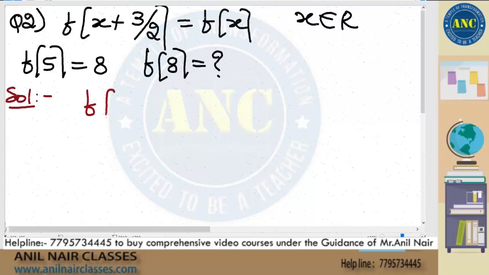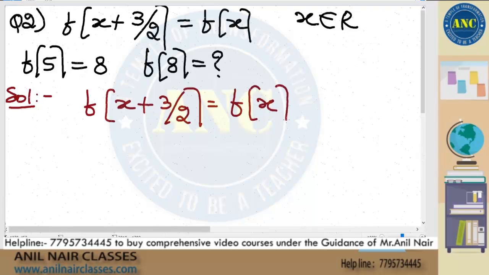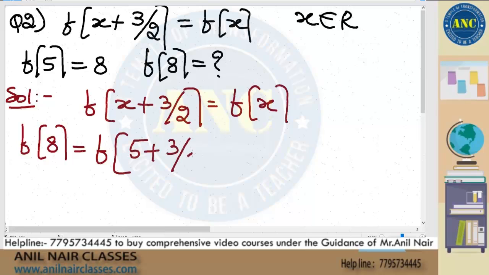Beautiful question. F of x plus 3 by 2 is nothing but f of x. Suppose it is f of 8. 8 is nothing but 5 plus 3 by 2 plus 3 by 2. Can I write like this? Why am I writing like this? The function is of the form f of x plus 3 by 2.